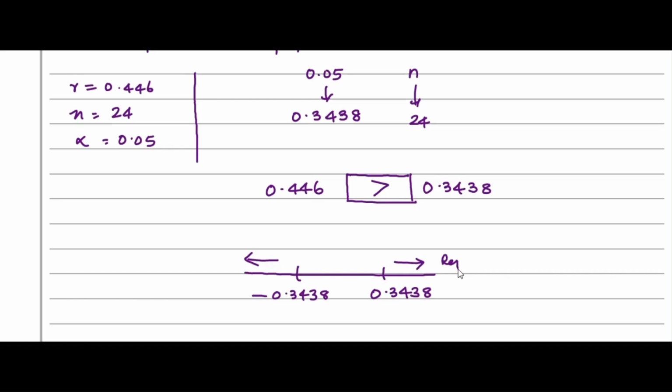So we can say rejection region here and rejection region here also, and this will be the acceptance region in between. Now check whether 0.446 falls in left hand side, right hand side, or in the middle. So you can see that 0.446 is greater than 0.3438. Therefore, we can say 0.446 is in the rejection region.